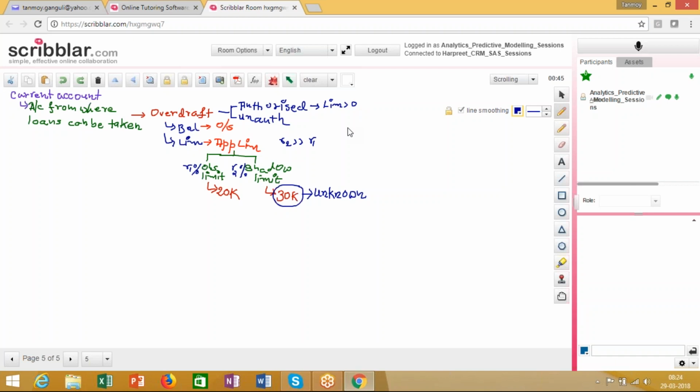The next part that I have over here is the unauthorized overdraft. For unauthorized overdrafts, the limit will either be set to zero, or the limit will be missing.